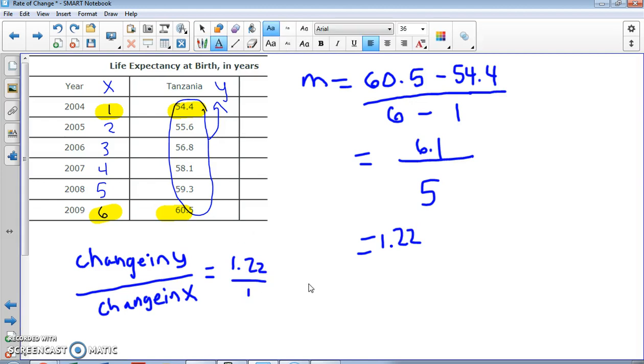So if we interpret this, ooh, that is some big font here, so let's change that.